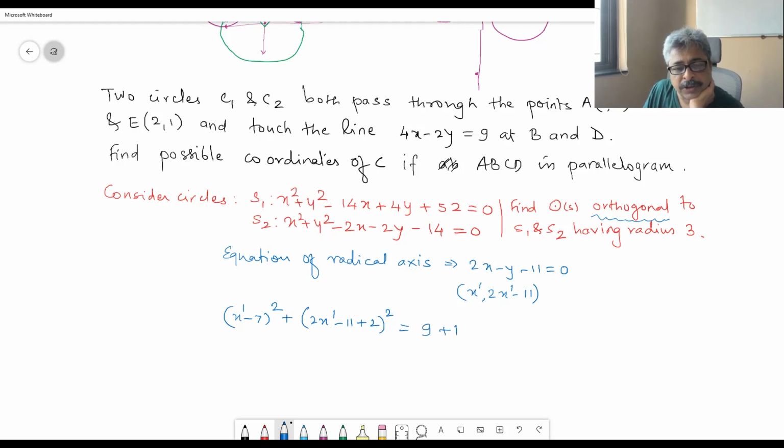Check whether you understand this or not. Now this is quadratic in x'. Simplify, you will get x' squared minus 10x' plus 24 equals 0, which is (x' minus 6)(x' minus 4) equals 0. So x' is 6 or x' is 4.